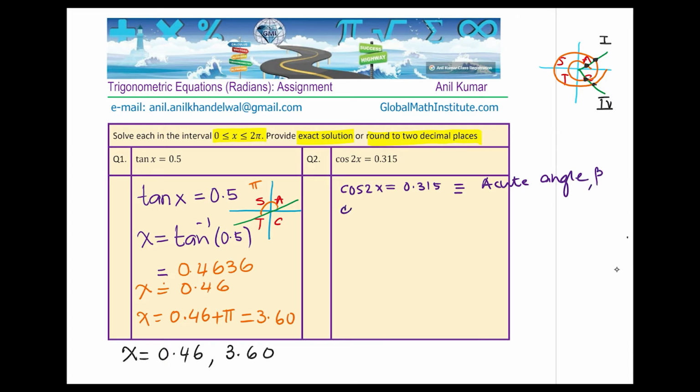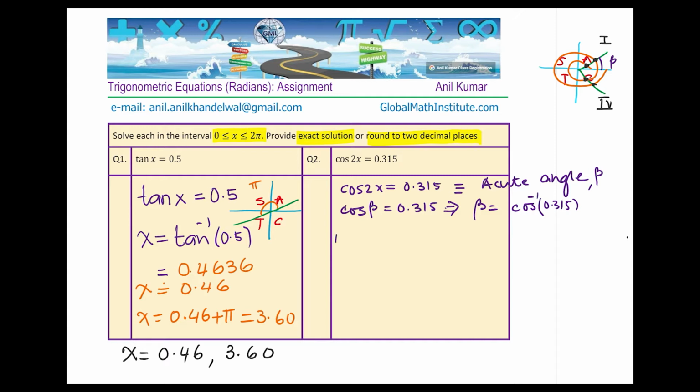So we'll write this as cos beta equals 0.315. Well, the acute angle helps us to give all the four solutions. So first we'll find the angle beta itself. So beta equals cos inverse of 0.315.